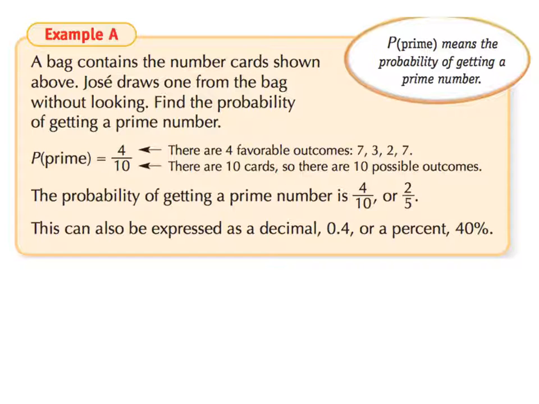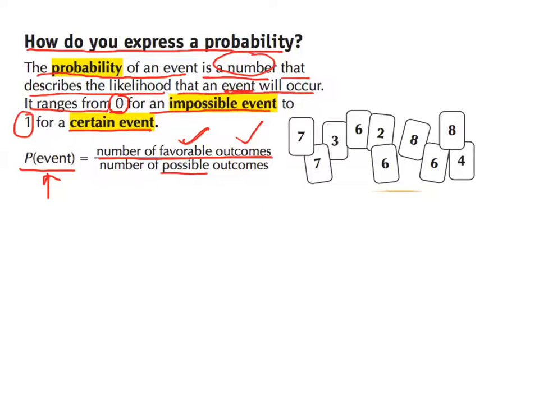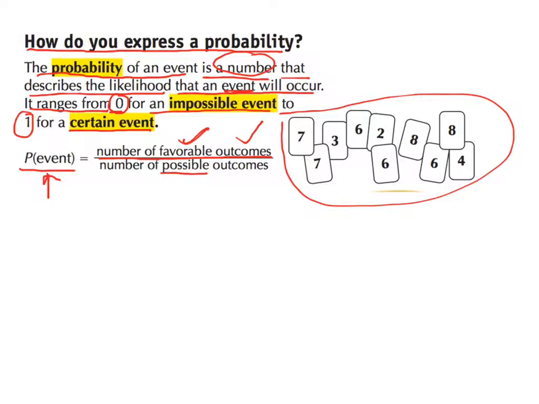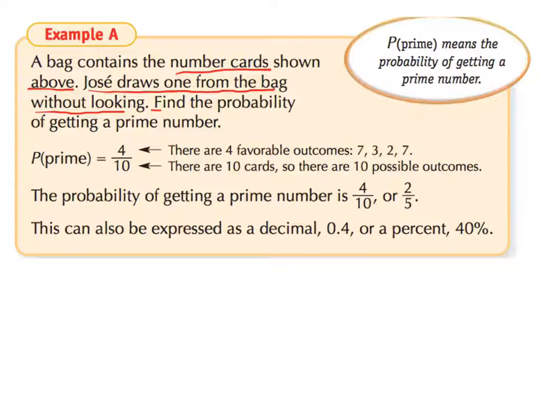Let us look at this example. A bag contains the number of cards shown above. Joe draws one from the bag without looking. So he is pulling out one card without looking. Find the probability of getting a prime number.